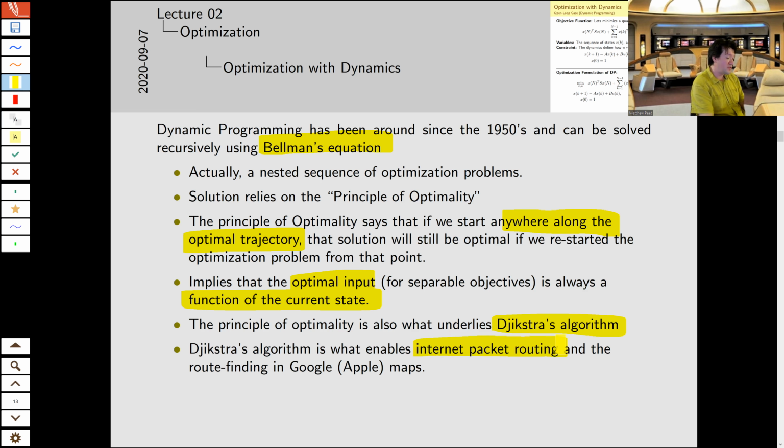And it also, if you think about it, is what allows you to find the shortest path between your home and class, although very few of you are coming to class, say none of you, using your iPhone or your Google Pixel or whatever it is. So if we think about that optimization problem, here's your house, here's class, here's all the roads. It's a grid.